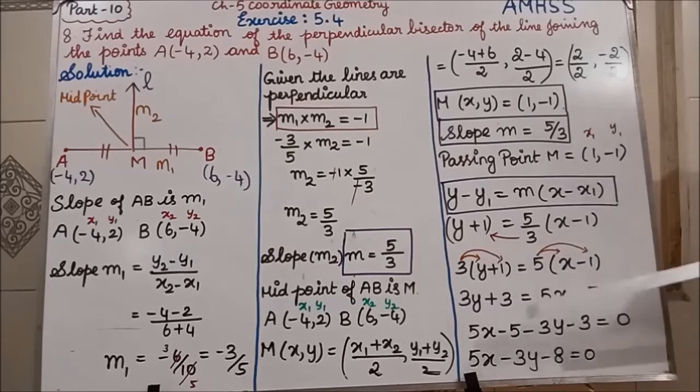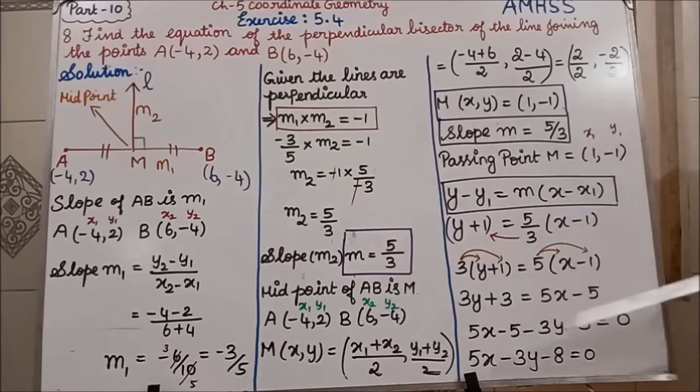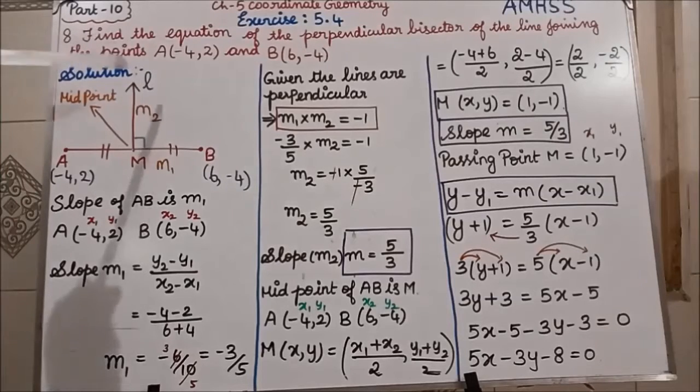So 5x, then the y term minus 3y, minus 5 minus 3 is minus 8 equal to 0. This is the equation. Clear students? In the question we need the equation only. So the equation is 5x minus 3y minus 8 equal to 0. Clear all of you? Students, which equation is that 5x minus 3y minus 8? That is the perpendicular bisector equation. Clear students, all of you? Next we will see the next problem.